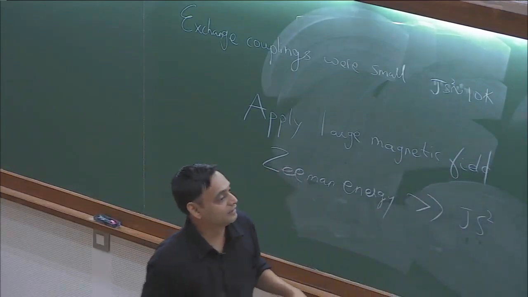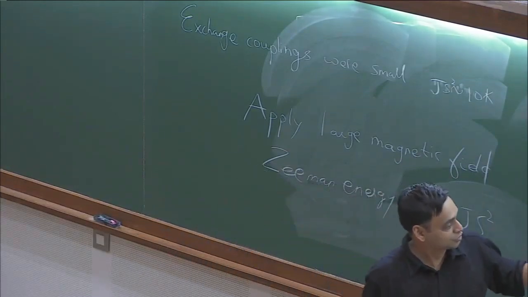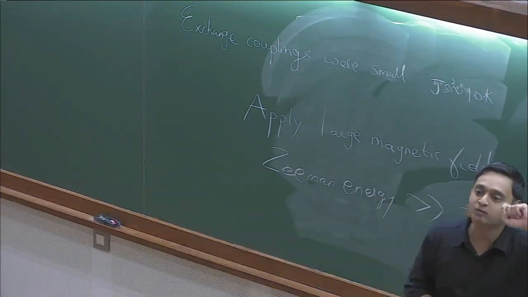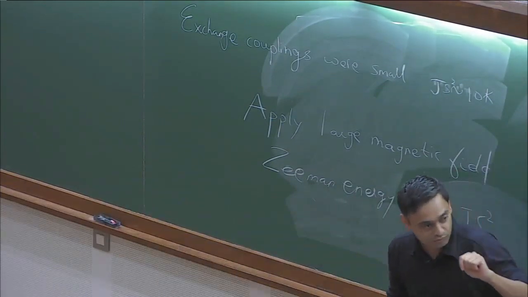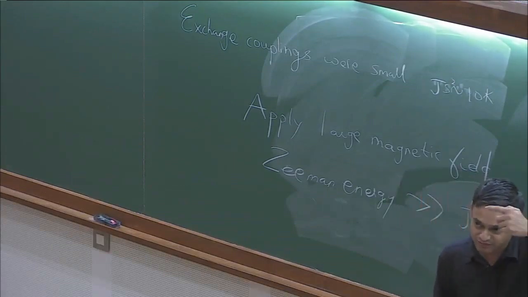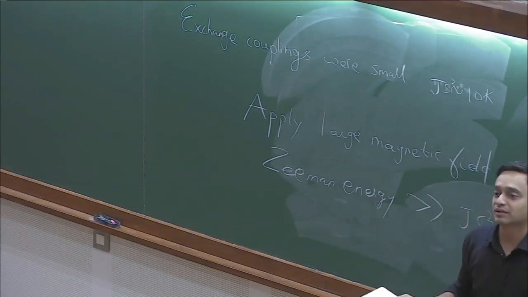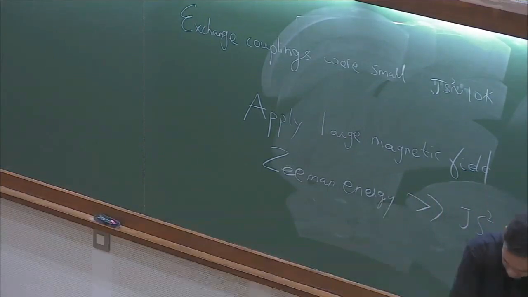And by looking at the inelastic neutron scattering data, you can actually pick out these modes which correspond to propagating particles which are flipped spins and work out what their band structure is from the data and fit that band structure to a first neighbor, second neighbor, third neighbor kind of exchange model.